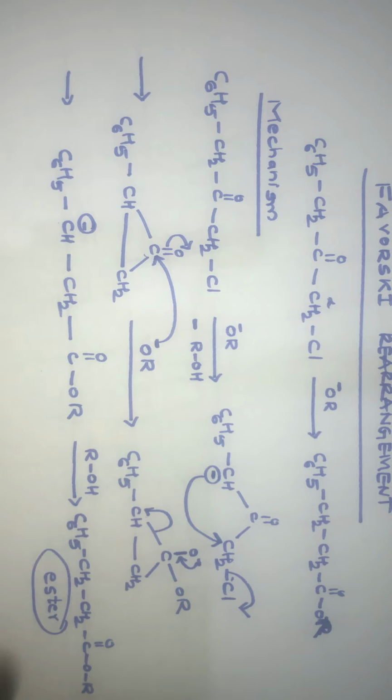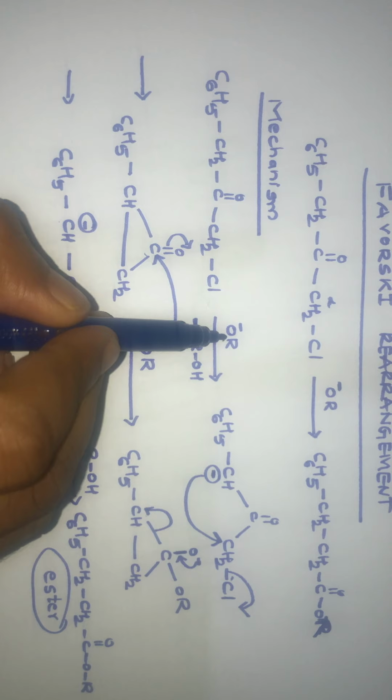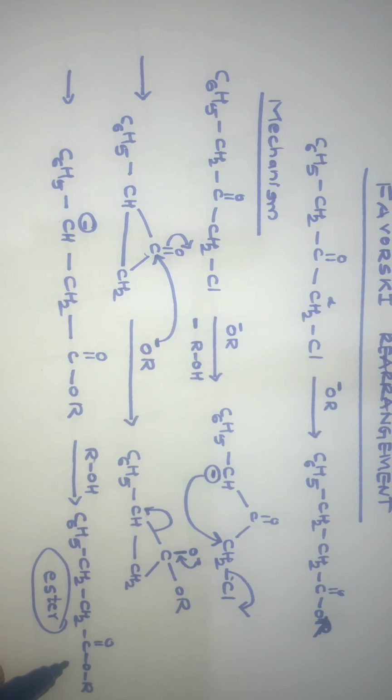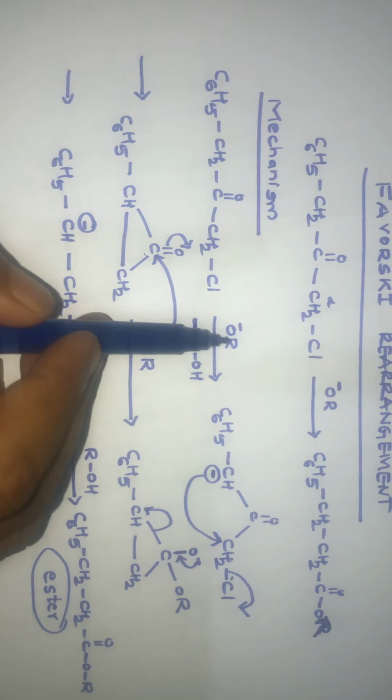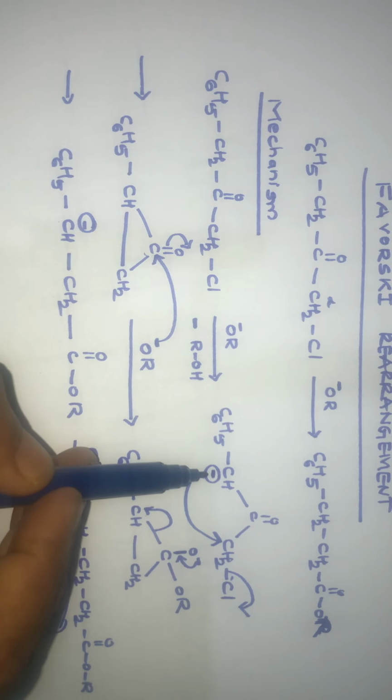So this is the mechanism that is involved in Favorskii reaction. That means an alpha haloketone in presence of alkoxide is converted into ester. This rearrangement is called the Favorskii rearrangement. First, what happens? The alkoxide, being a base, abstracts a proton, resulting in the formation of an anion here.